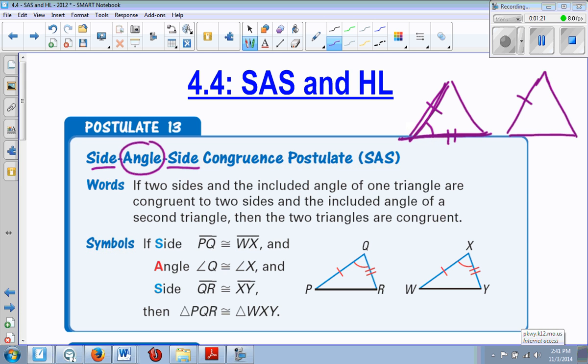If I label the same 2 sides as congruent in this second triangle, and instead label this top angle as the congruent one, notice that the 2 sides that are congruent do not make that angle. Therefore, that is called an unincluded angle. That is not SAS and cannot be used as a congruence theorem or postulate.